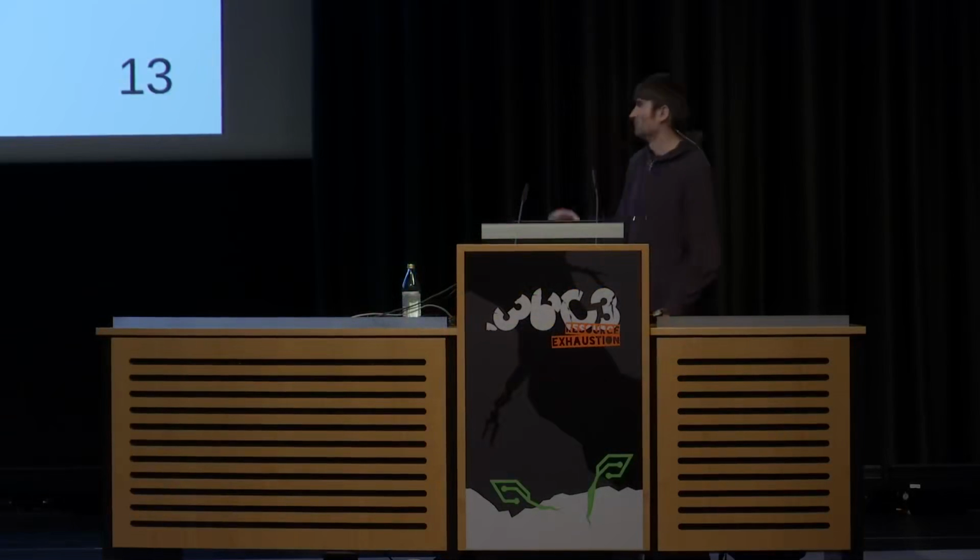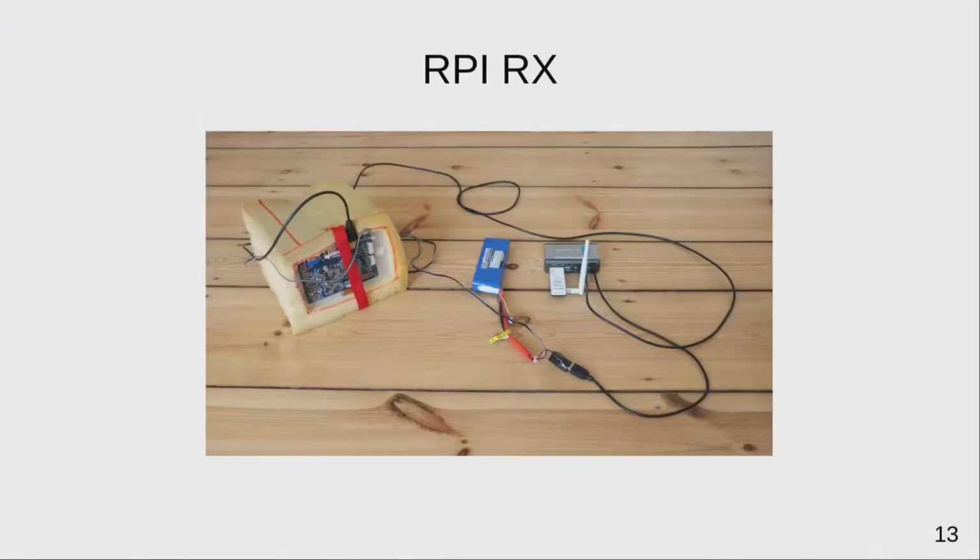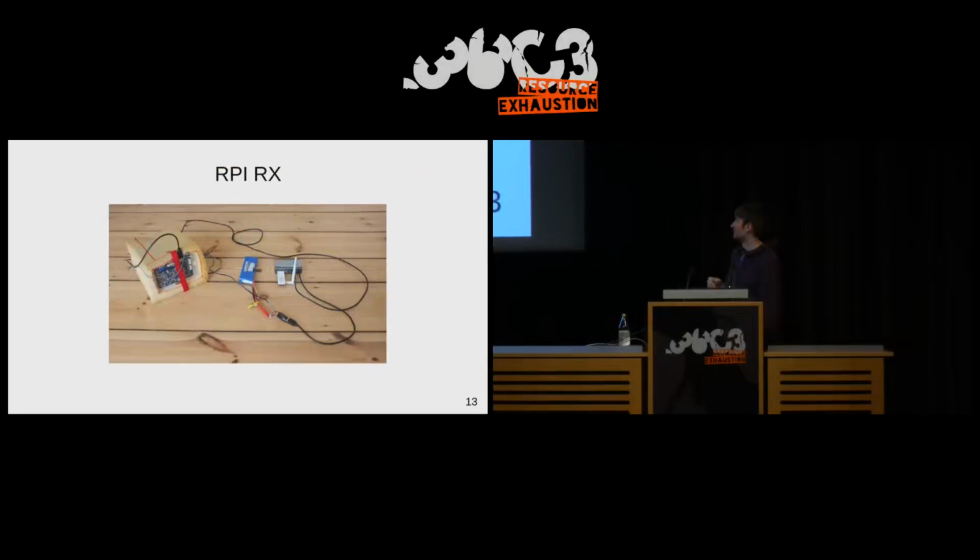On the RX side, this is now my clumsy self-made setup. On the left, you see my video goggles that are cut out of some foam piece. In the middle, the blue thing is the battery, and on the right, the gray box is a Raspberry Pi, and the white thing is, of course, the Wi-Fi receiver. This is quite a nice setup.